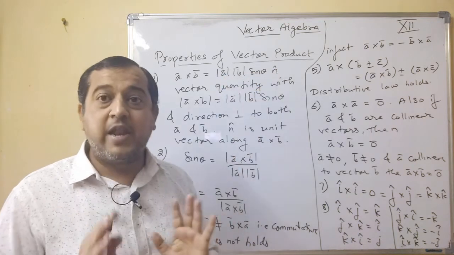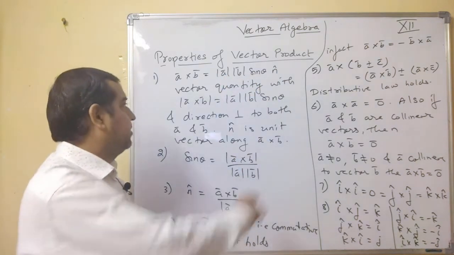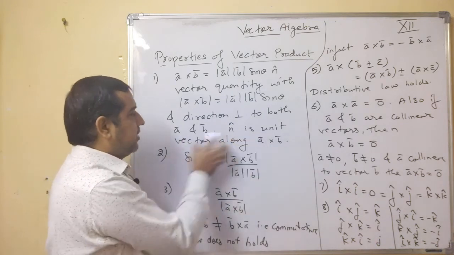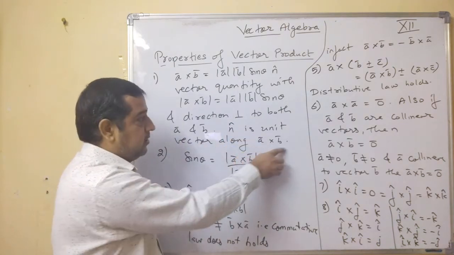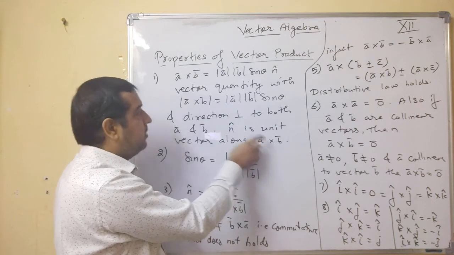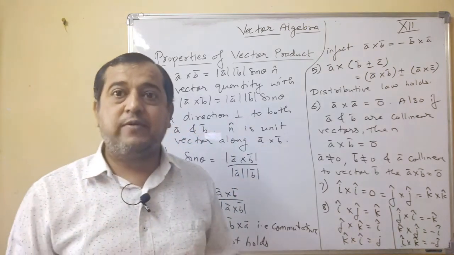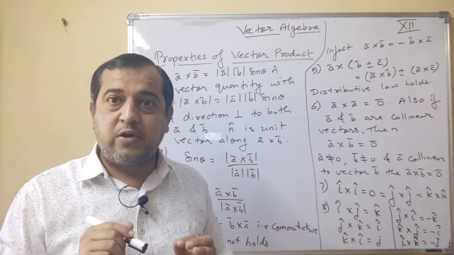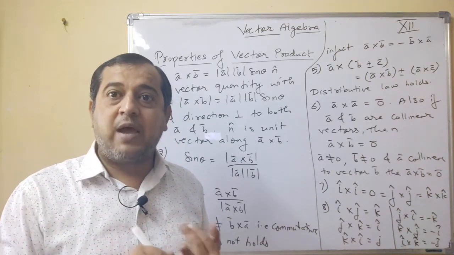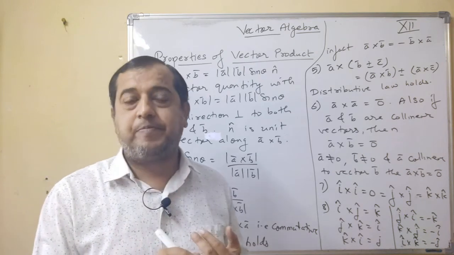Remains only n cap. What is n cap? N cap is the unit vector along this vector. And where is this vector? This is in the direction perpendicular to both. Means n cap, it is a unit vector perpendicular to I cap, perpendicular to j cap.